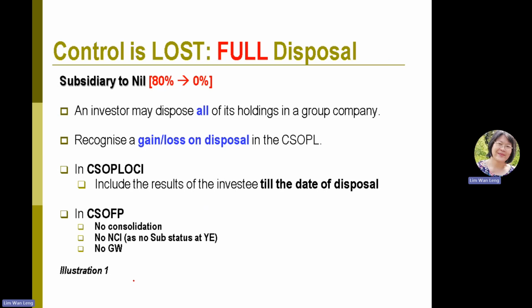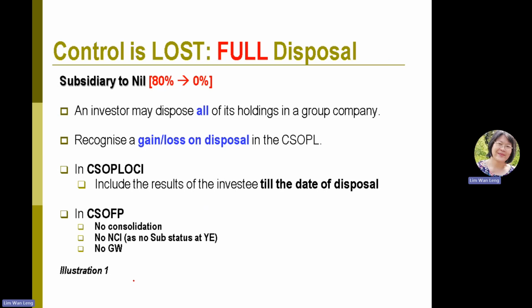Then in the consolidated SOPL, you just need to consolidate up to the date of disposal. After that, it's not related to the group already, so you can't add across anymore. In the consolidated SOFP, your concern is the status at year end, so you are not related to the group anymore, which means no need to do any consolidation.